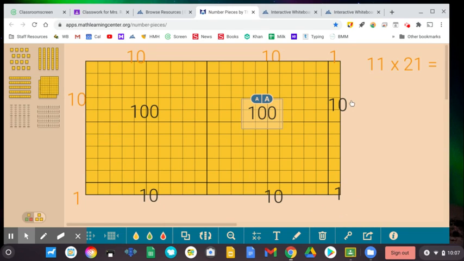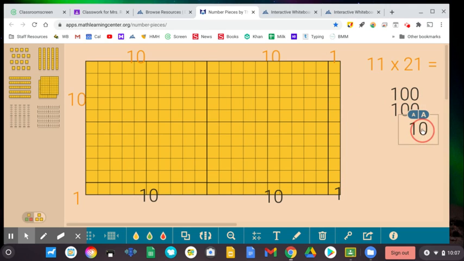Okay, so we're adding up a bunch of sections. 10 plus 10 plus 1 is 21. So if we add those up, we have a group of 100 plus a group of 100 plus a group of 10 plus a group of 10 plus a group of 10 plus a group of 1.